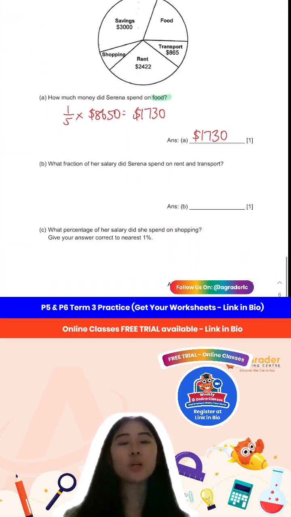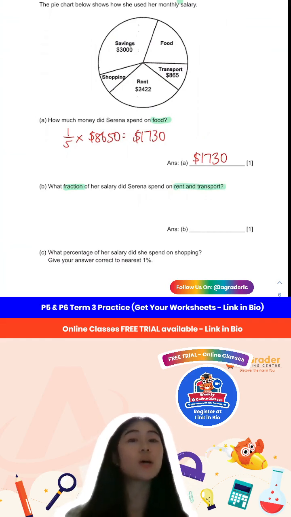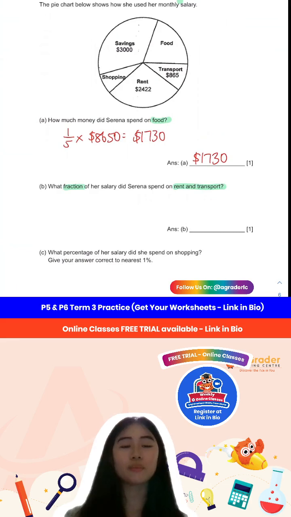So now we can do part B. What fraction of her salary did she spend on rent and transport? So again, use your calculator for this, just one step. Nikki, take note that they're asking for fraction, not percentage. Supernova, they're asking for fraction, yeah? So it can't be a whole number.